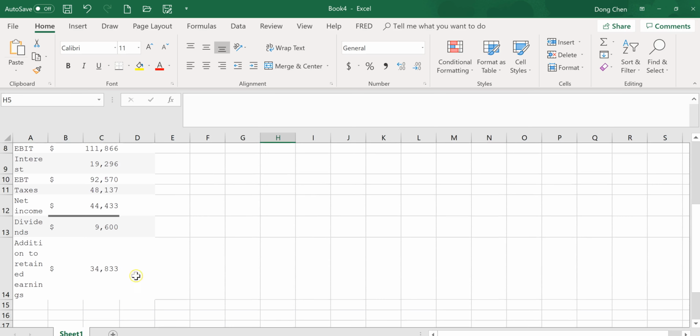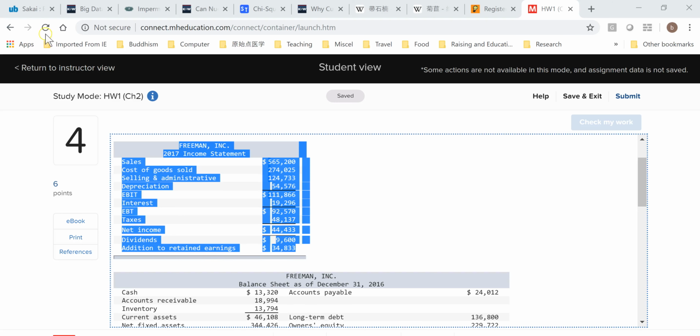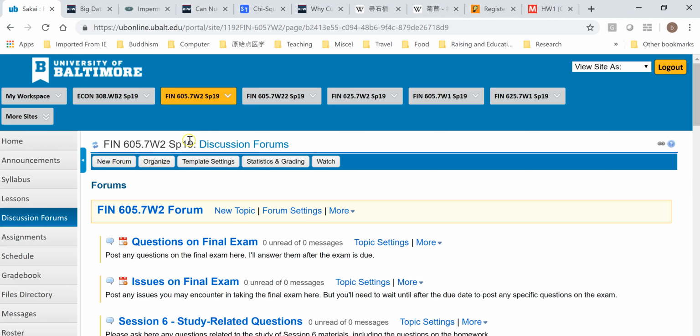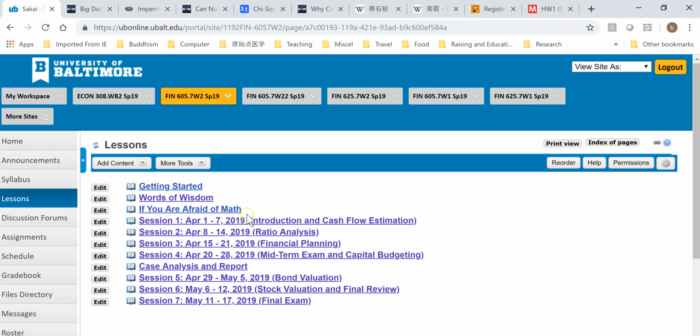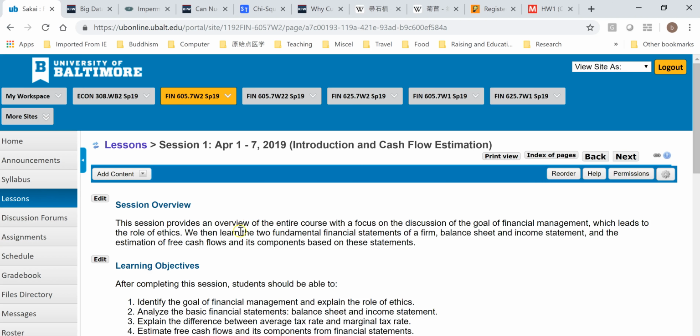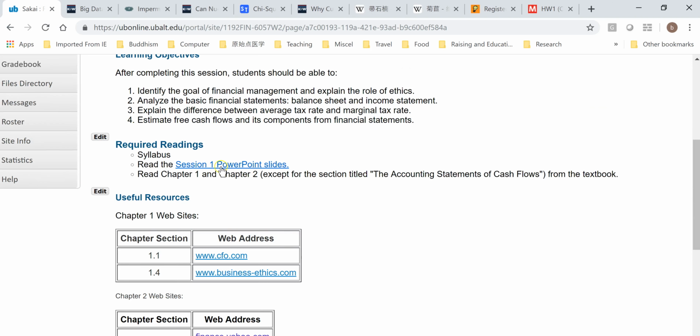So from that, we can calculate the operating cash flow, which is EBIT. You can go to my lecture slides, find out the formula for this. Check my lecture PowerPoint slides.